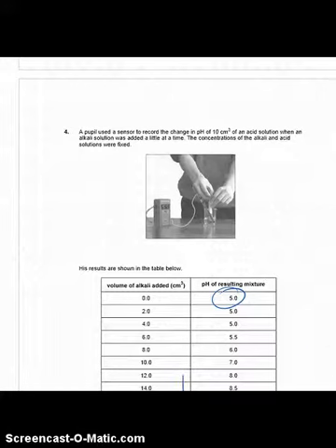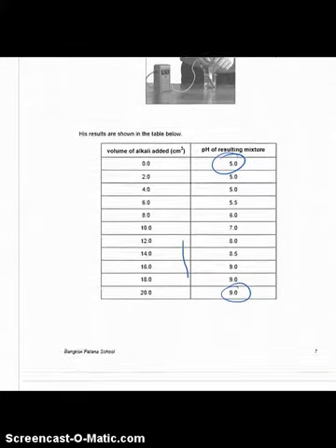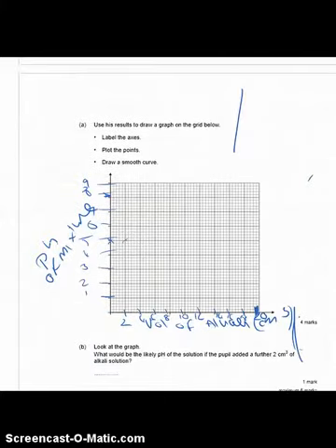Next one is 2 and 5, 4 and 5, and 6 and 5.5. So we're going to go halfway here. So there's 5, there's 6, there's 1, 2, 3, 4, 5 boxes in between, so it's going to be 2.5 up to 2.5 here.